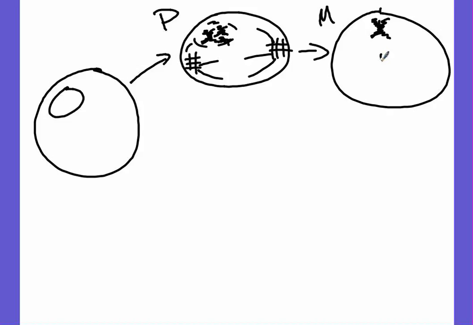So if I have this equator here, the spindle fibers that attach to the centromeres of these chromosomes are going to push and pull on those chromosomes until you end up with all three of these chromosomes right now that I've drawn lined up in the middle. So your picture ends up looking like this.